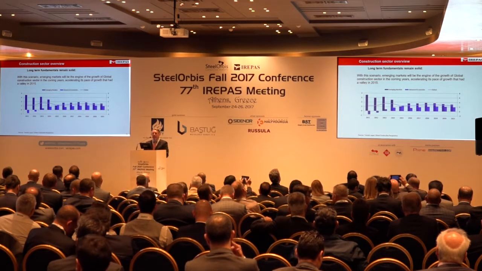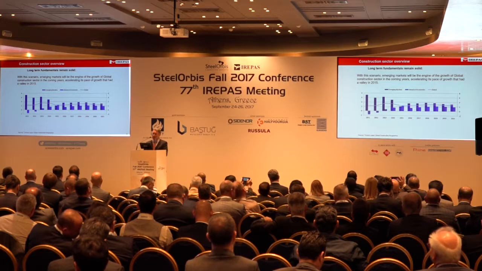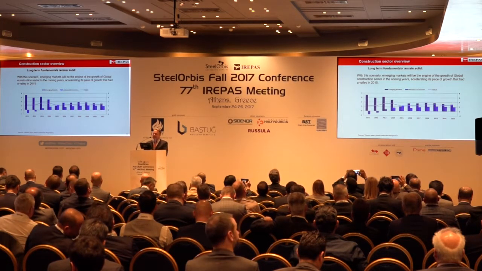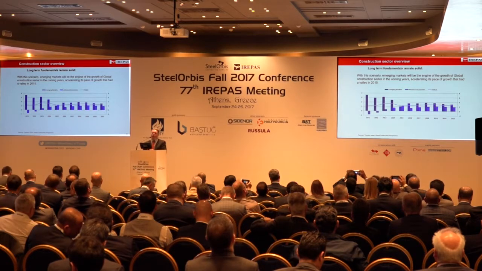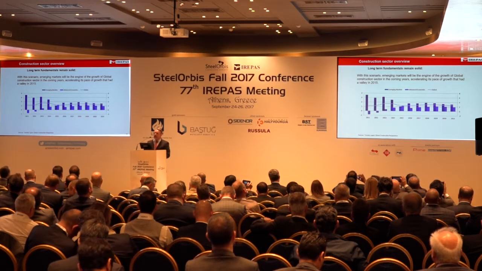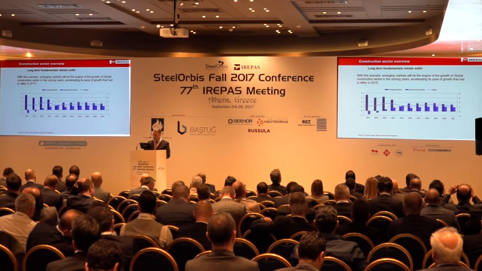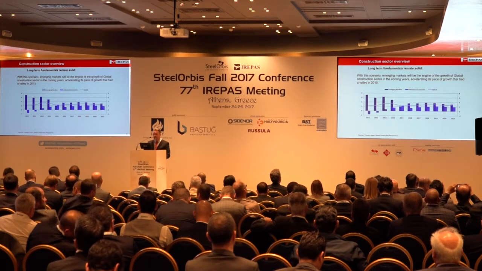So in this scenario, emerging markets will be the engine of growth for the global construction sector in the coming years, and 2017 and 2018 are accelerating the pace of growth that had a valley in 2015.